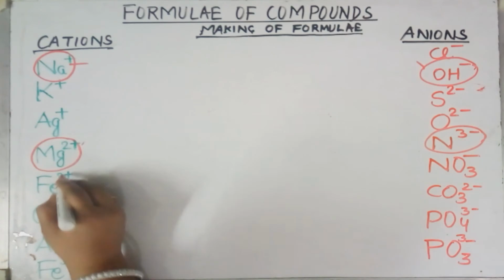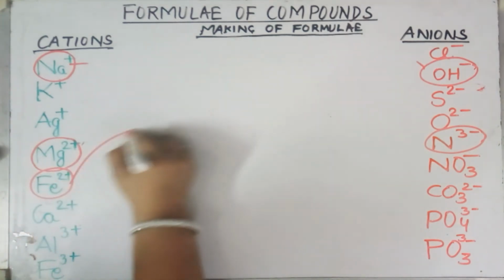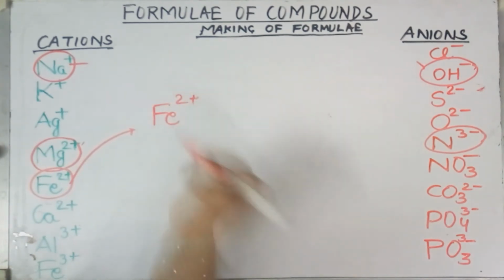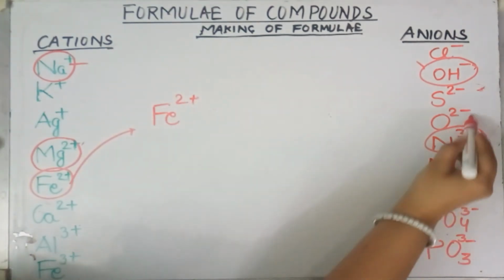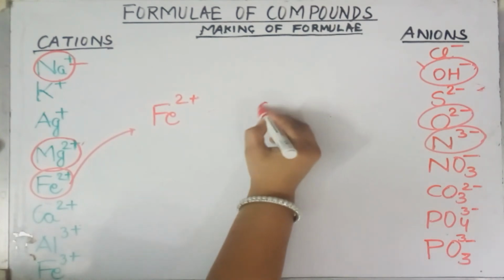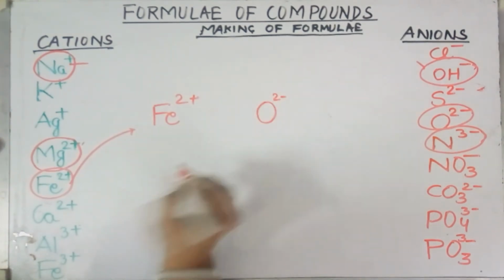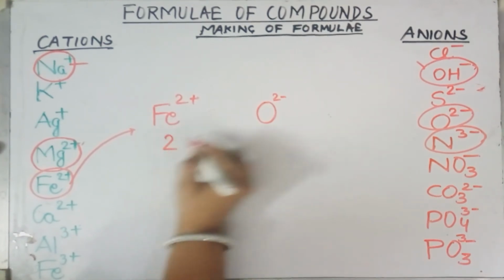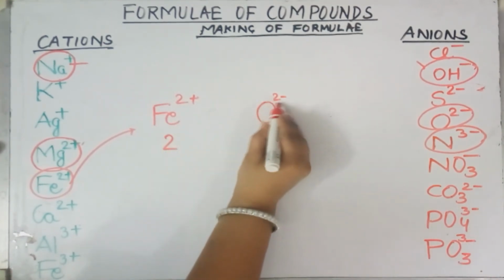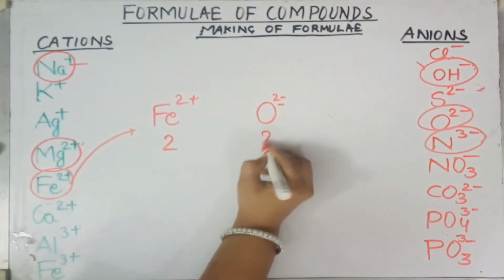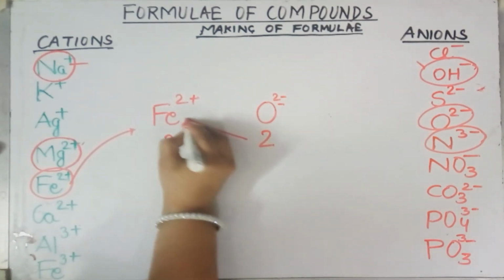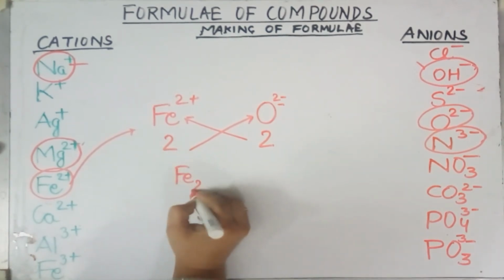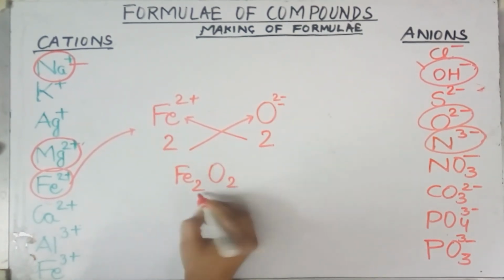Now let us have iron here as the cation. Iron is Fe 2 plus. On the other hand, I am taking the oxide ion. What is it? O 2 minus. So here the charge on the iron is 2, write it down after the iron. Charge on the oxide is minus 2, write it down after the oxygen. Cross multiply the charges on them, and you will get Fe2O2.